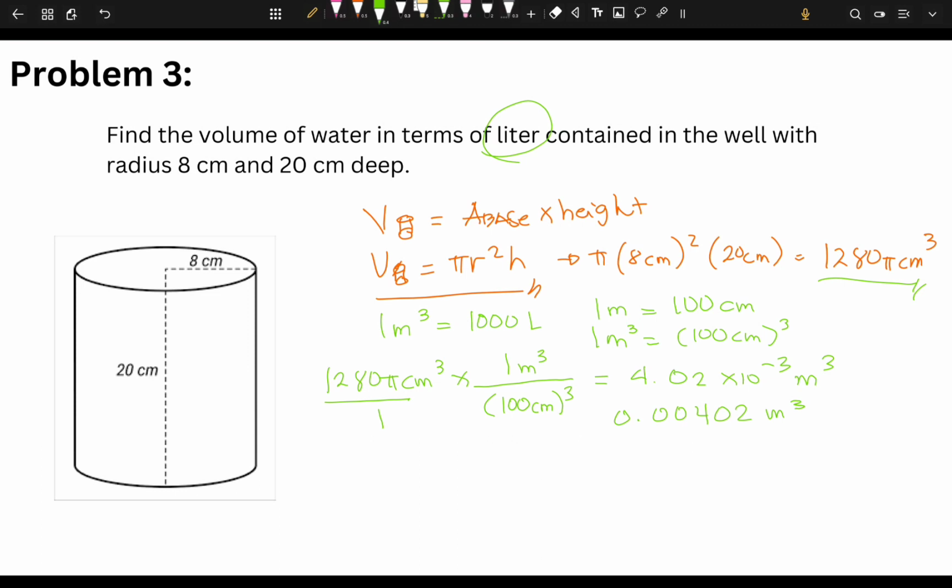It is just that small. So, that is 4.02 times 10 raised to negative 3 cubic meter times 1,000 liters per 1 cubic meter. We convert it to liters. You know conversion, right? It is just cancellation of the conversion factor, as it is called. So, this cancels, and this cancels too.